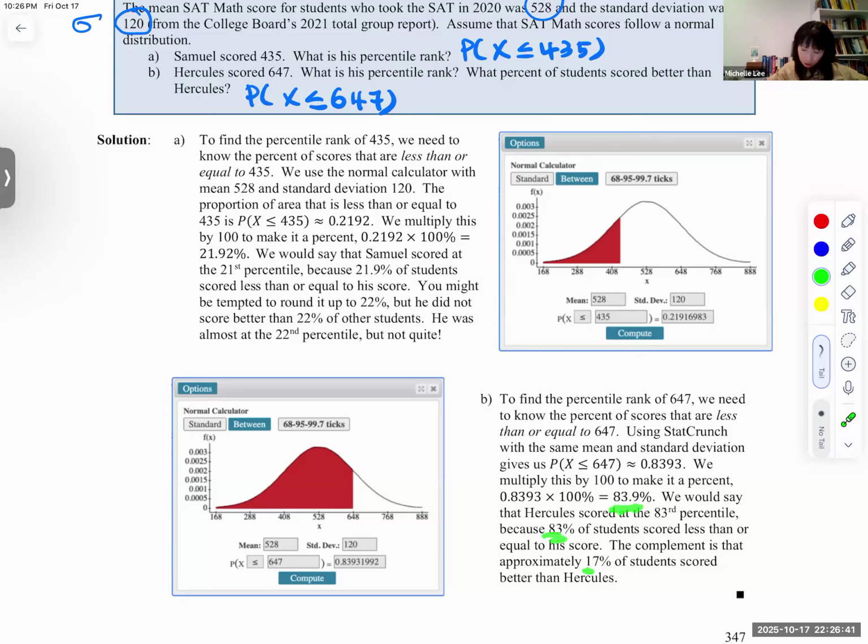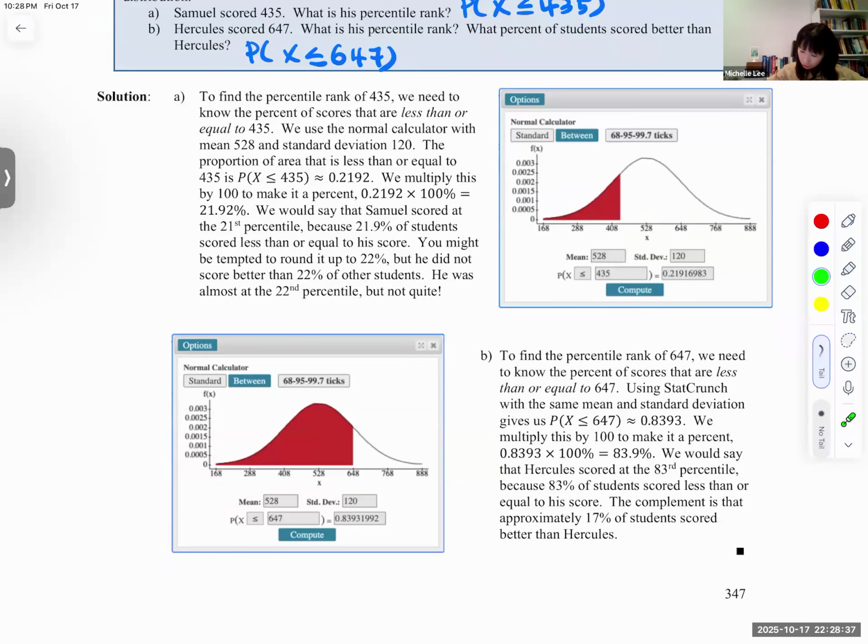So 83.9%, almost 84%. But we would say that Hercules scored at the 83rd percentile, not rounding up. 83% of students scored less than or equal to his score, and the complement is that approximately 17% of students scored better than Hercules.